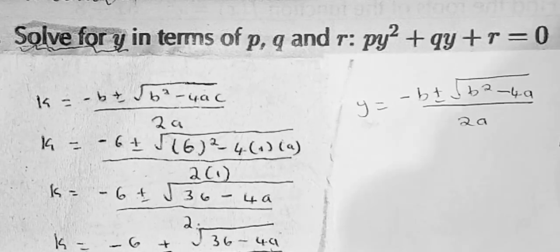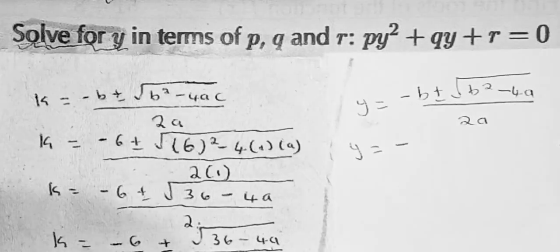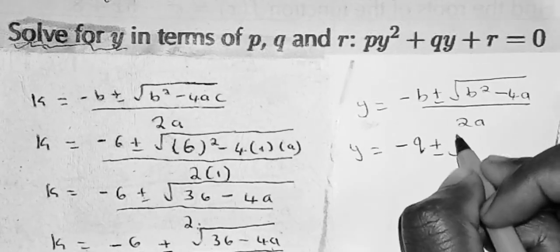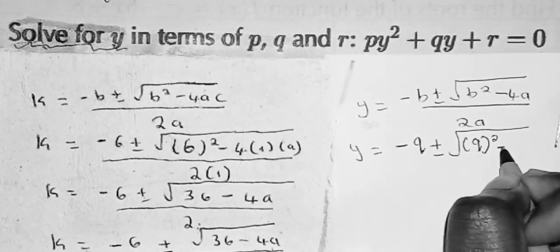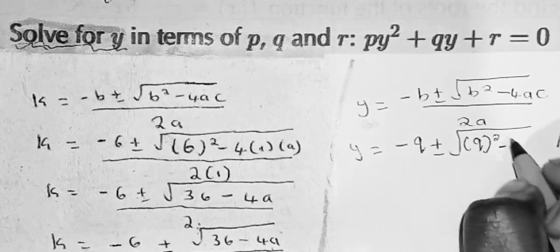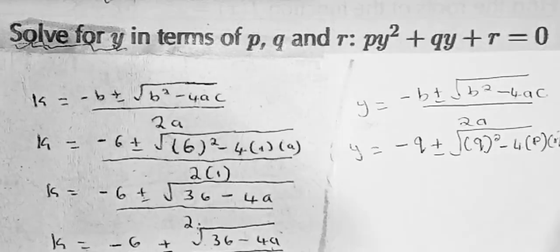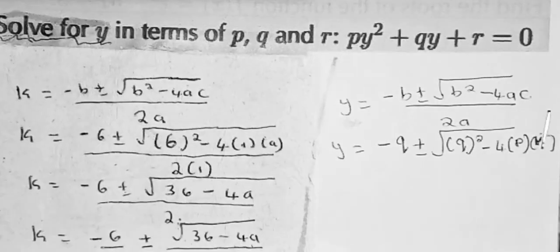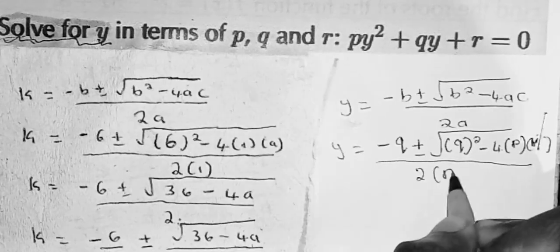Okay, after that I'm going to say y is equal to negative q plus or minus the square root of q squared minus 4, a was p, and then c was r, all over 2 and then p.